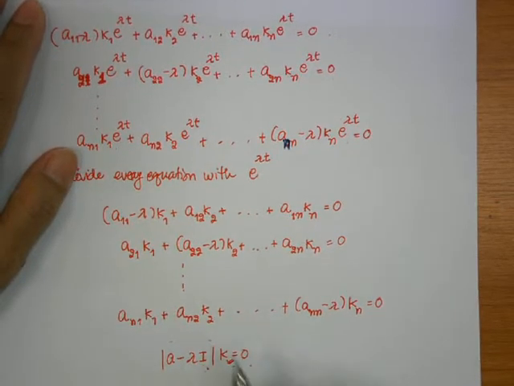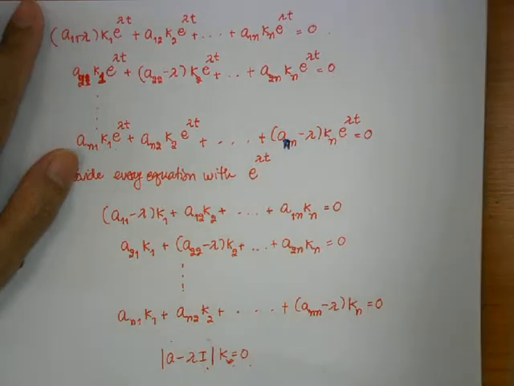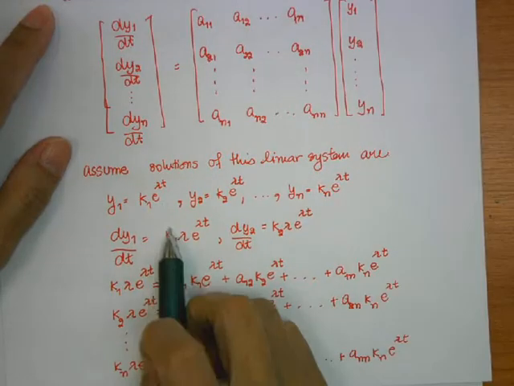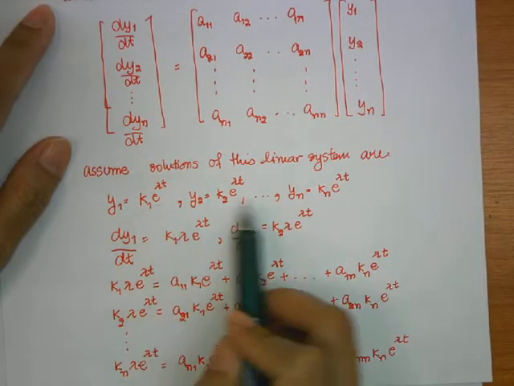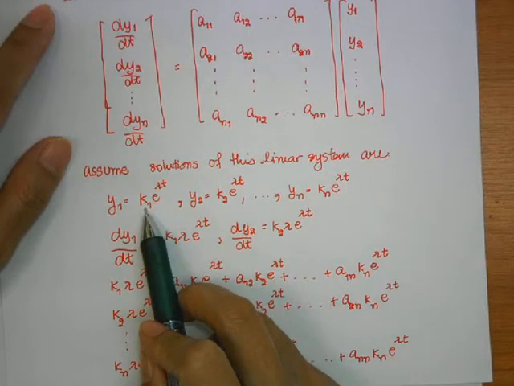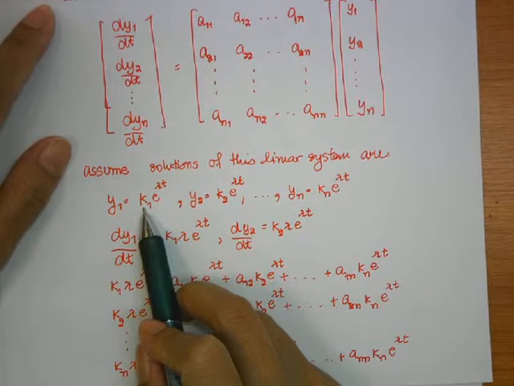From this, A can be 0? K can be 0, right? Because k is a constant here. If k1, k2 until kn are equal to 0, then your answer would be equal to 0. It's called the trivial solution.